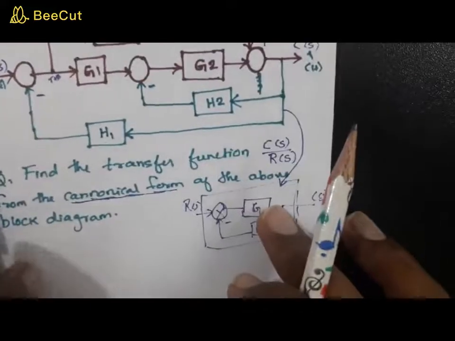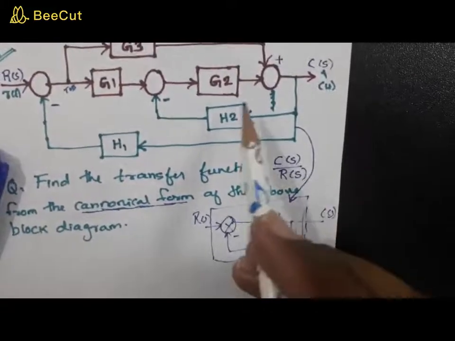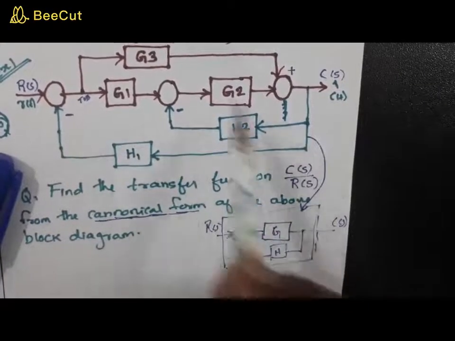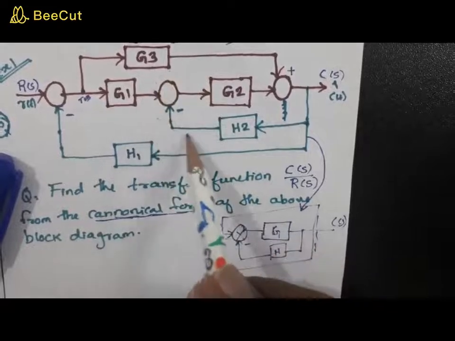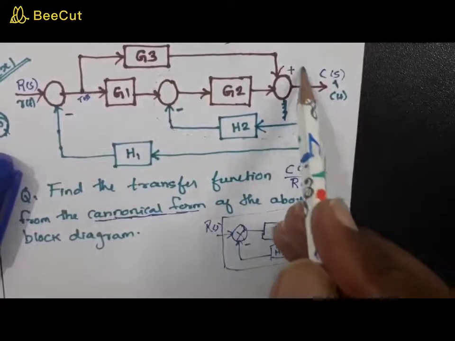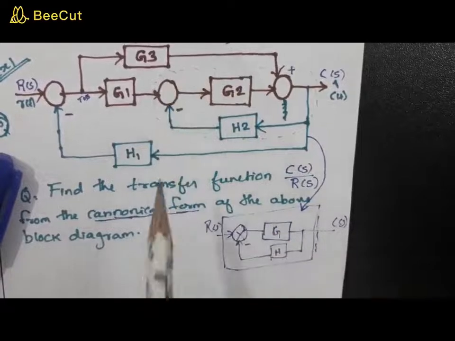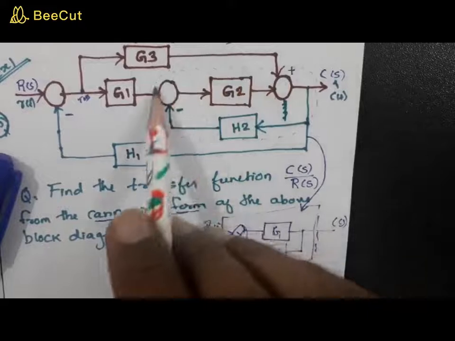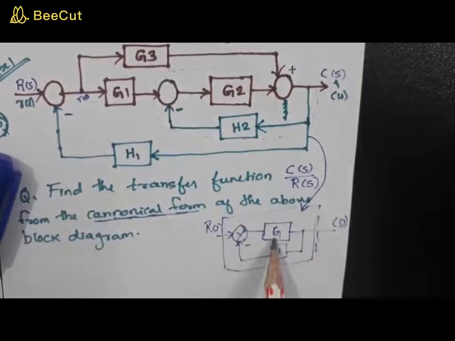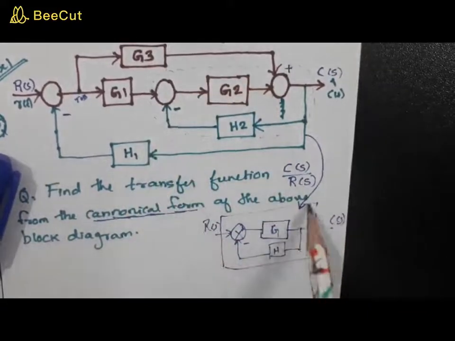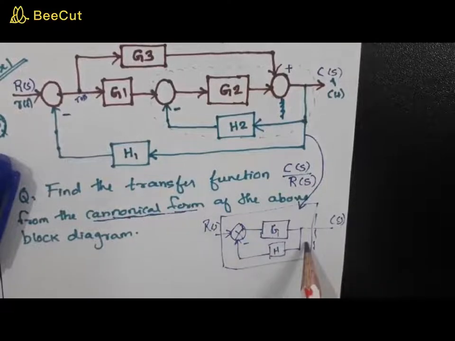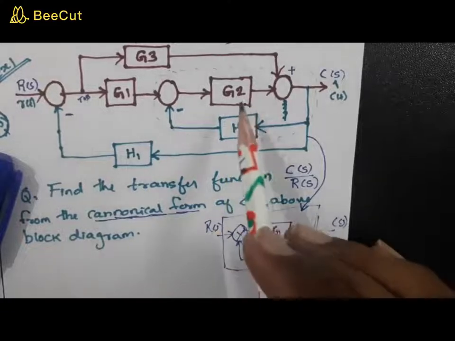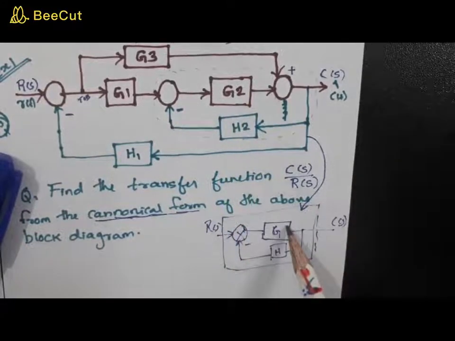Now I'm trying to analyze this. Consider this part, which I'm marking with a pencil. Can you convert this small part into this form, or can you consider this the canonical form? No. What actually makes this not in this form?